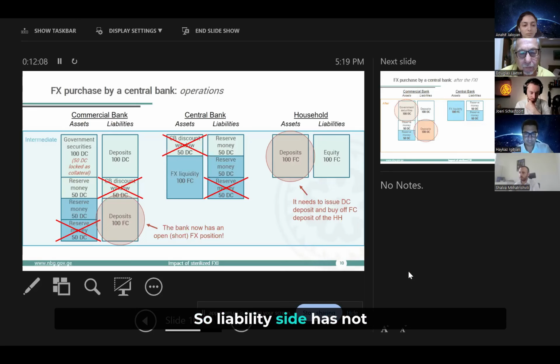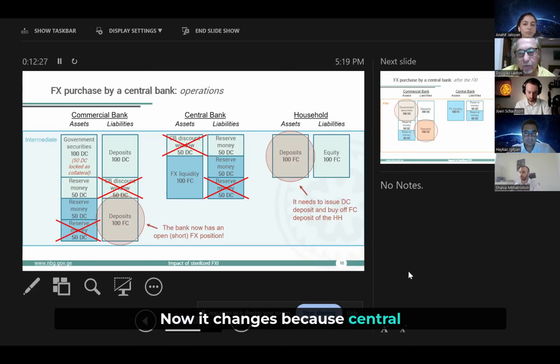So the liability side has not changed in terms of currency composition, but on the asset side, things have changed. Why? Because in the QE example, the central bank was buying one lari asset using another lari asset, so the FX position didn't change.